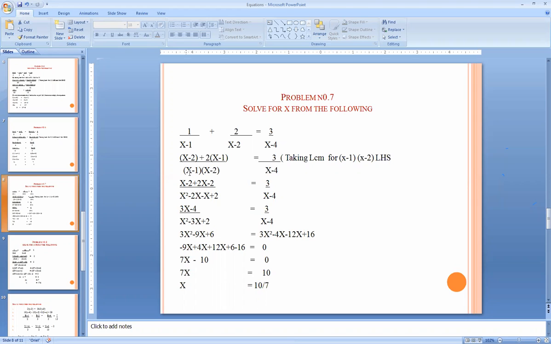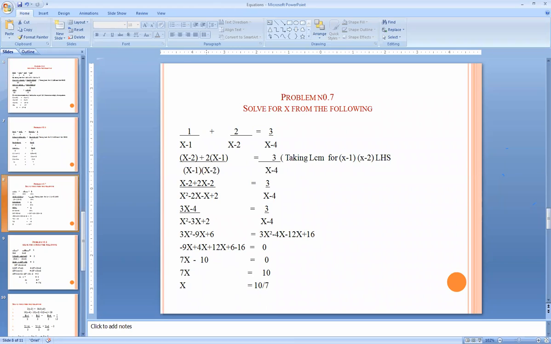Now here two values of x are there, that is x minus 1 and x minus 2. When you divide x minus 1 with x minus 1, how many times does it go? Only one time, no? x minus 1 gets cancelled. Are you following now? Be simple here.